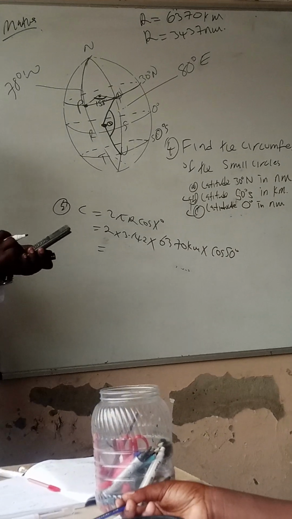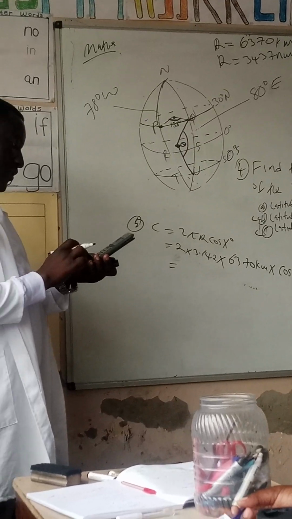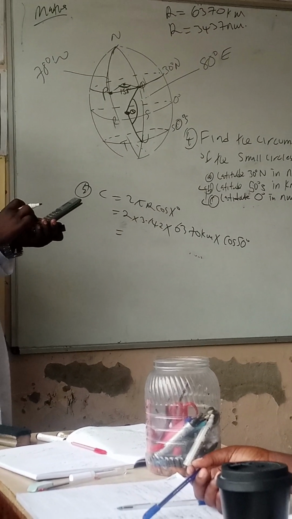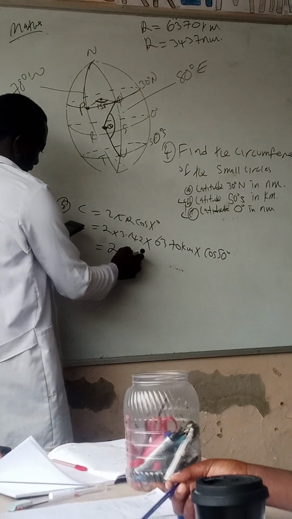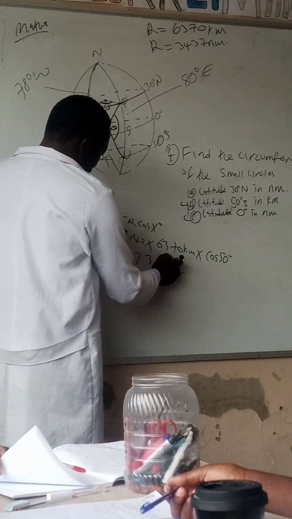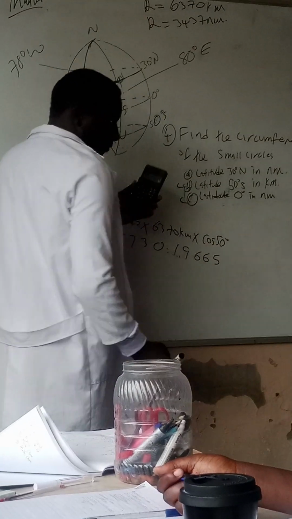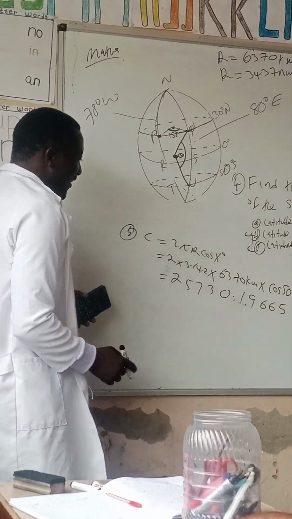Let's punch that: 2 times 3.142 times 6370 times cos 50 degrees. Now we are getting 25730.19665. I'm using an original calculator. If you are using a phone now, yeah.